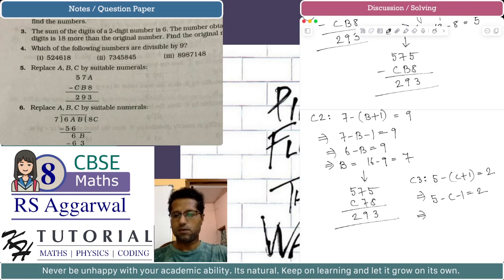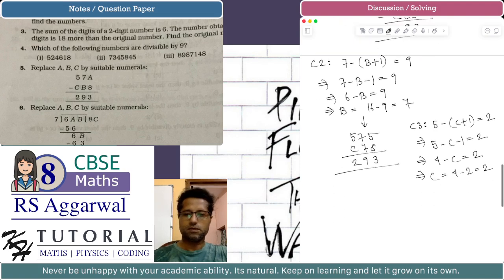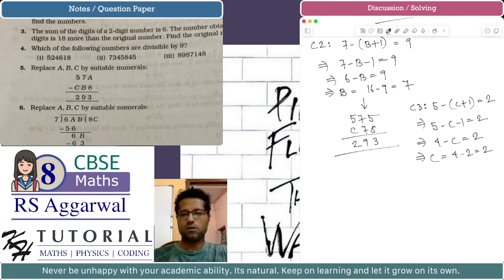This implies 4 minus C is equal to 2, so C is equal to 4 minus 2, that is equal to 2. C is equal to 2. So the final result is 575 minus 278 is 293.